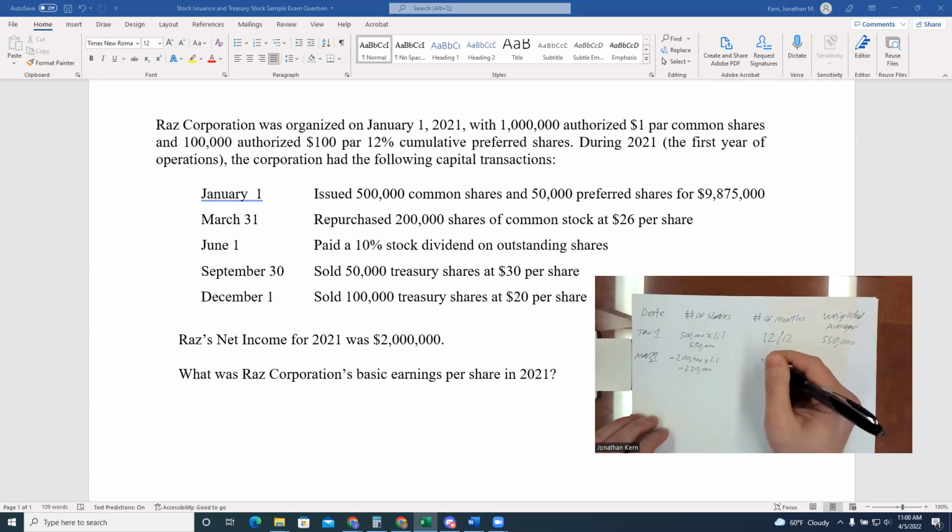So here, there are only 9 months remaining until the end of the year, because we've already passed through January, February, and March. We're going to multiply by 9 over 12 months, and we'll get a subtraction of 165,000 shares for the weighted shares from that change.